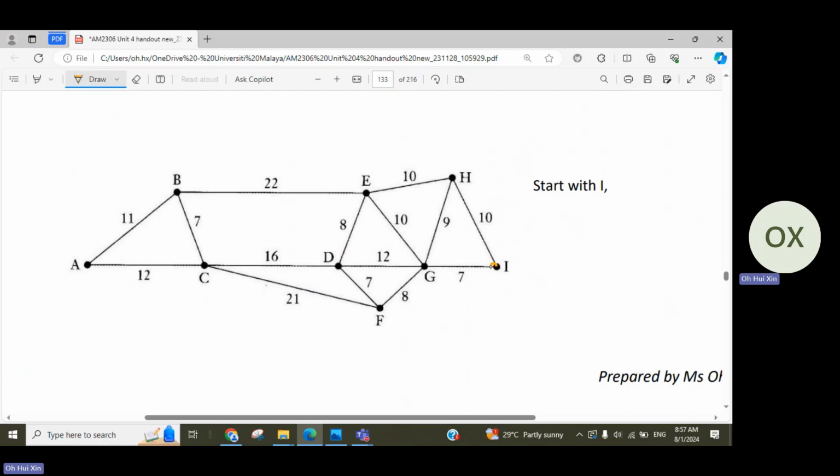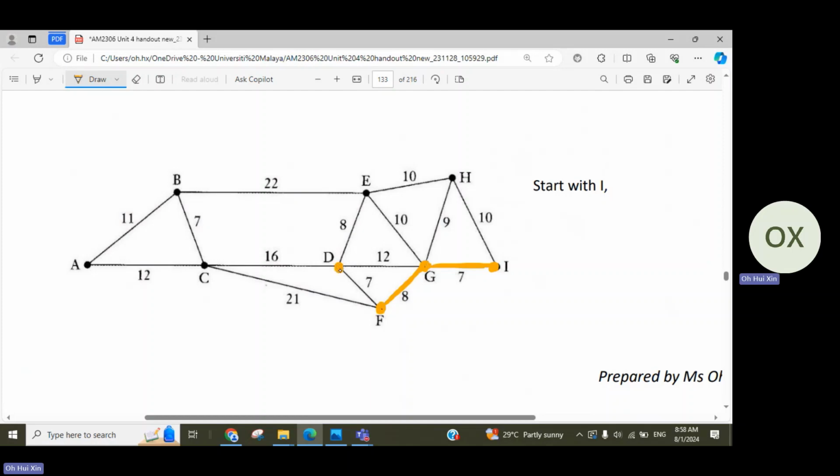Okay, so we have I here. Neighbors 10 or 7, so that's why 7. Neighbors 10, 9, 10, 12, or 8. So 8 is the shortest. Neighbors again, 10, 9, 10, 12, 7, or 21.